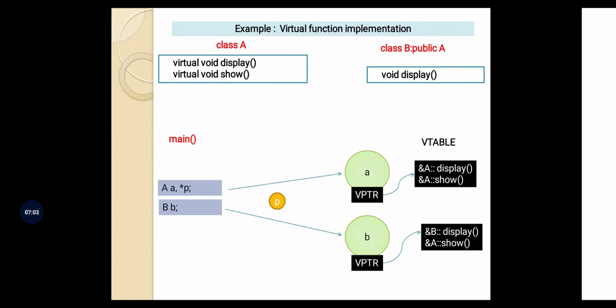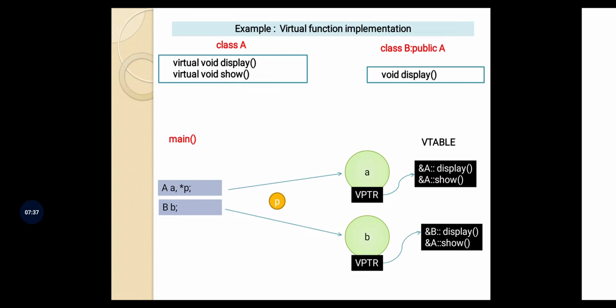Accordingly, just remember that the virtual table stores only the address of these functions, and which function it will store is very clear here, because we want to override it. So there is the address of the derived class display, and here there is no show in the derived class, so obviously the show of the base class is going to come here. Now this is what happens when we create an object of class A and an object of class B.